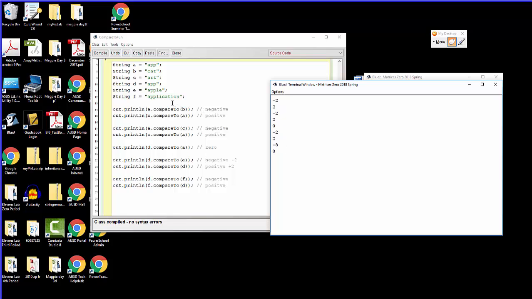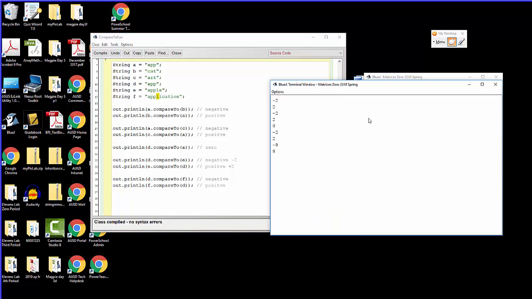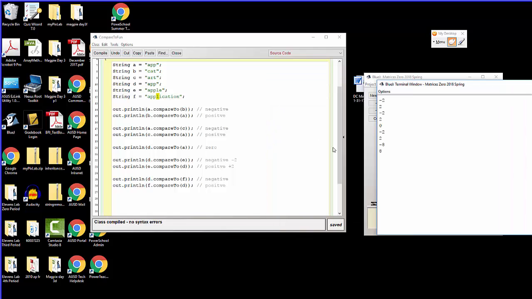How do you get a -8? The next letter is L still, right? So it has nothing to do with the L, or else it'd be the same thing, right? Apple, the next letter is L. Application, the next letter is L. So 2 and 8 must have nothing to do with L. But what it has to do with is the remaining length of the string.